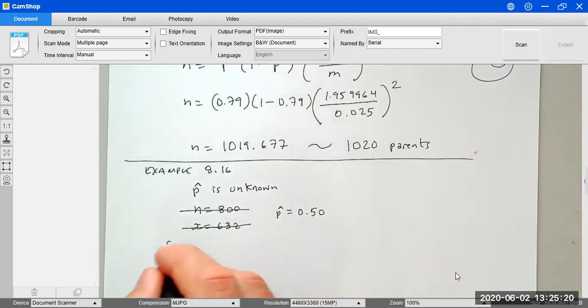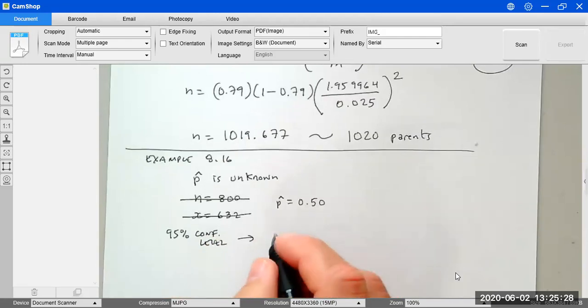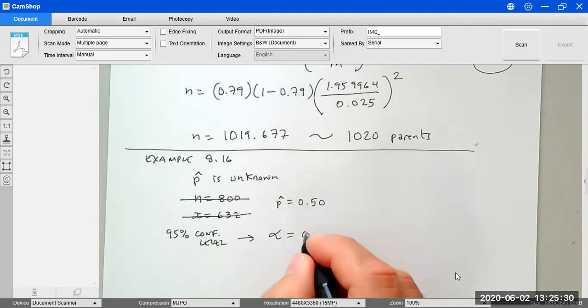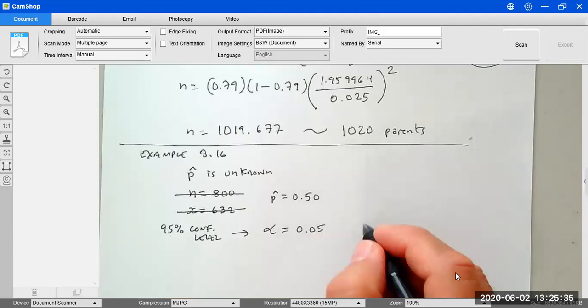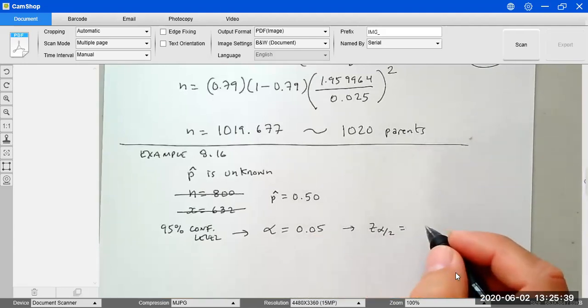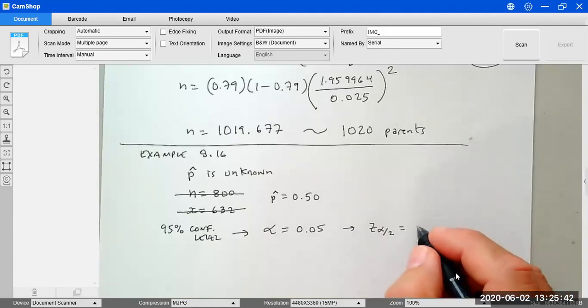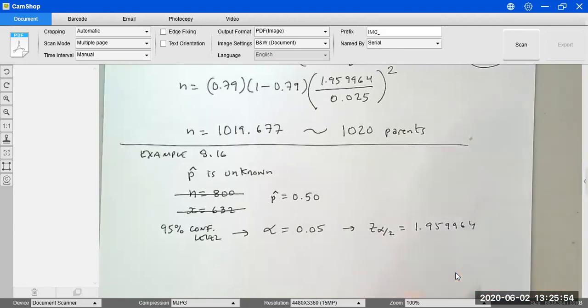So we're going to start with a 95% confidence level, that you can transform into a value of alpha equals 0.05. Then we're going to find the corresponding z alpha over 2 again by using qnorm. The value that we found for the previous problem is just 1.959964.